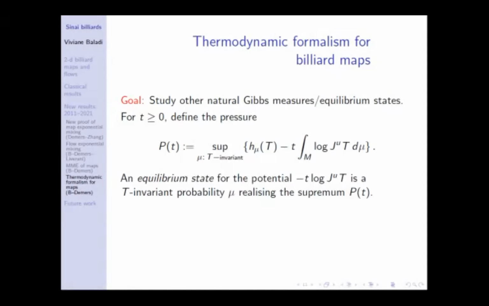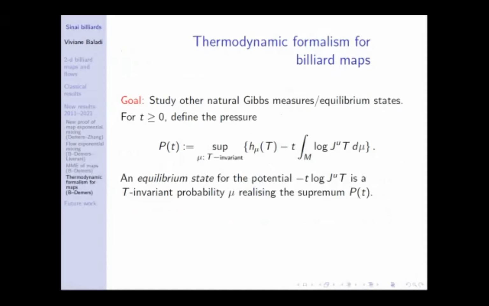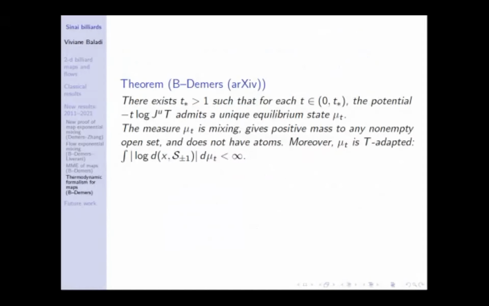So let me just remind you, we're still talking about the map now. I won't say anything more about it. So, oops, sorry. Yes. So yeah, this basically I already said, and now it's written. It's not the real, it's a Pesin entropy formula.